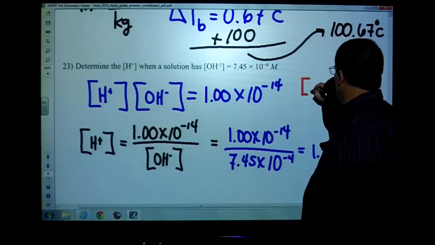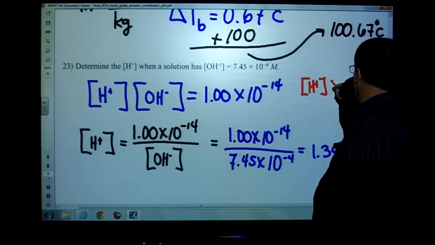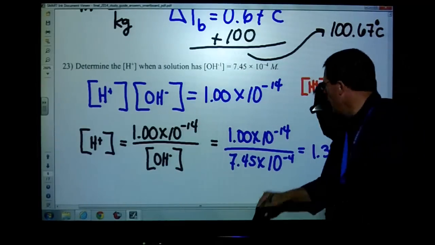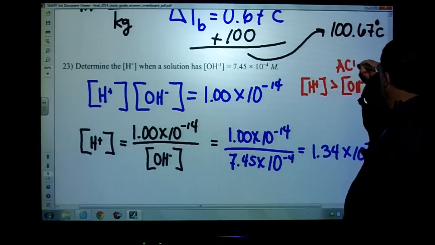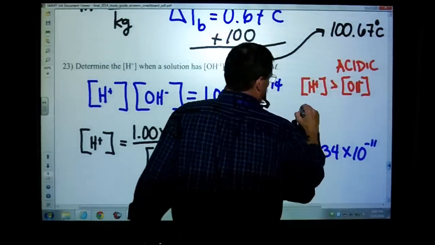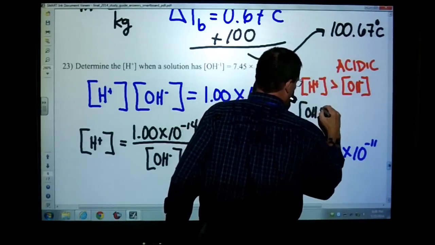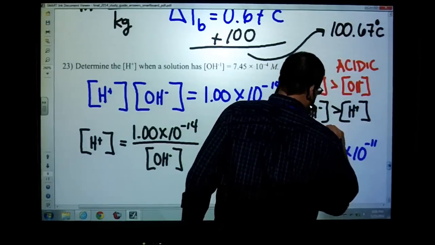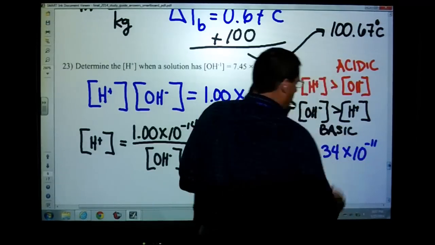Remember that if your hydrogen concentration is greater than your hydroxide concentration, then you're looking at an acidic solution. If your hydroxide concentration is greater than your hydrogen concentration, then you're looking at a basic solution.